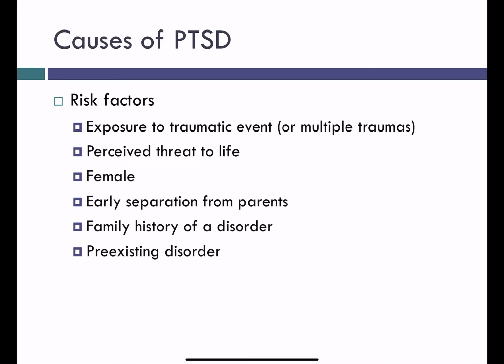Women are more likely than men to experience PTSD. Some kind of family history, so early separation from parents, as well as this genetic component of a family history of disorders. And then pre-existing disorders. So for example, someone who already has an anxiety disorder and experiences some kind of trauma is much more likely to also have PTSD.